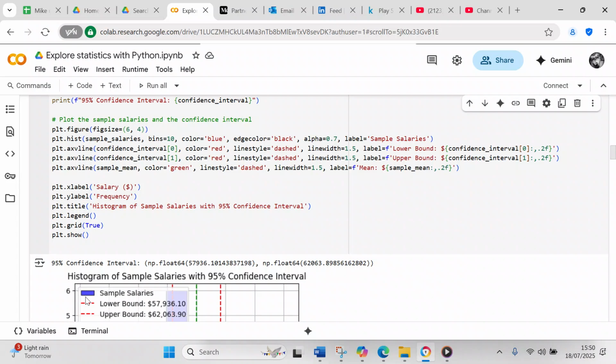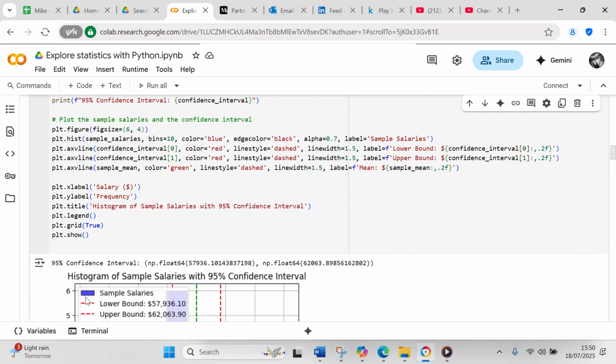So plt.axvline, confidence interval 0, comma, color equals red, comma, linestyle equals dashed, comma, linewidth equals 1.5, comma, label equals lower bound of confidence interval.